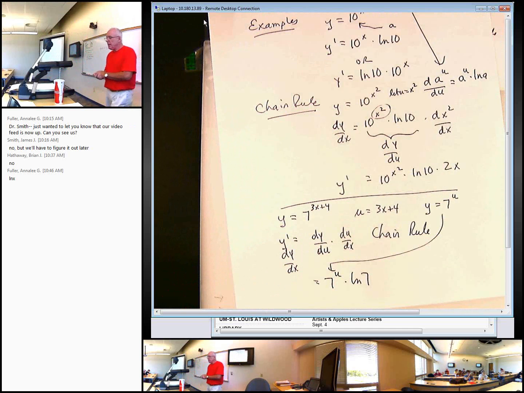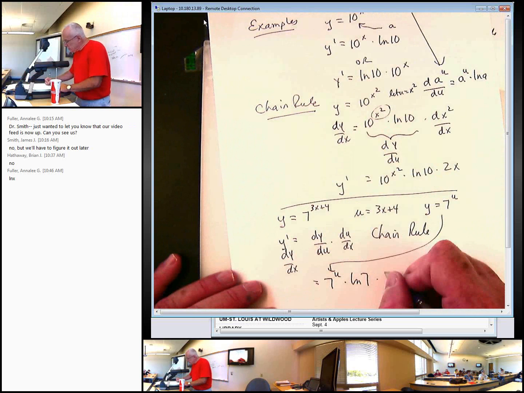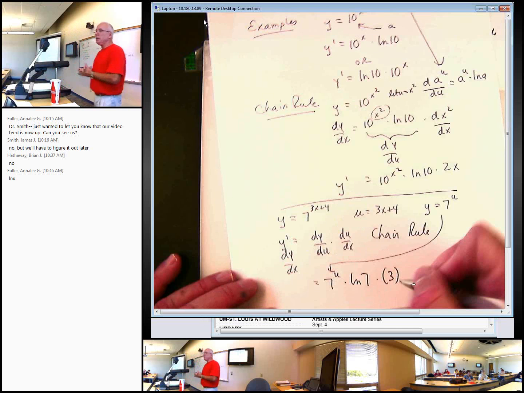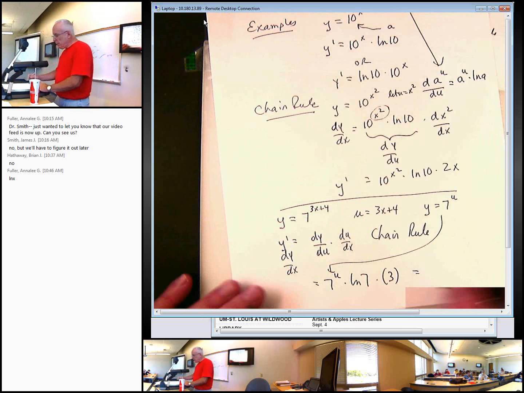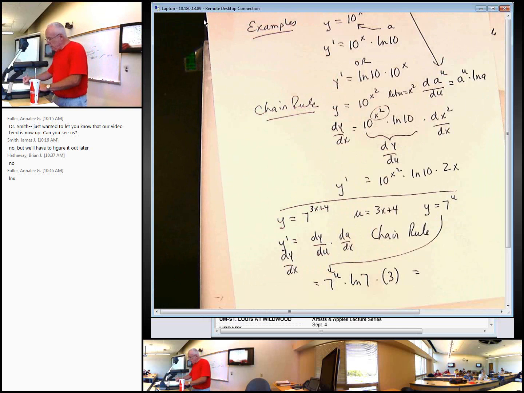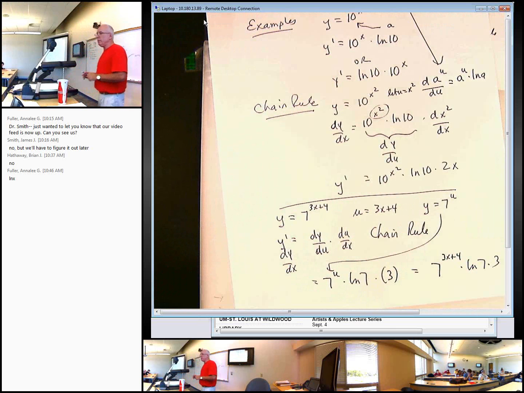And then times du dx, that's going to be times 3, the derivative of 3x plus 4. And then finally, we can just replace the u here. We have 7 to the 3x plus 4 power times the ln of 7 times 3.